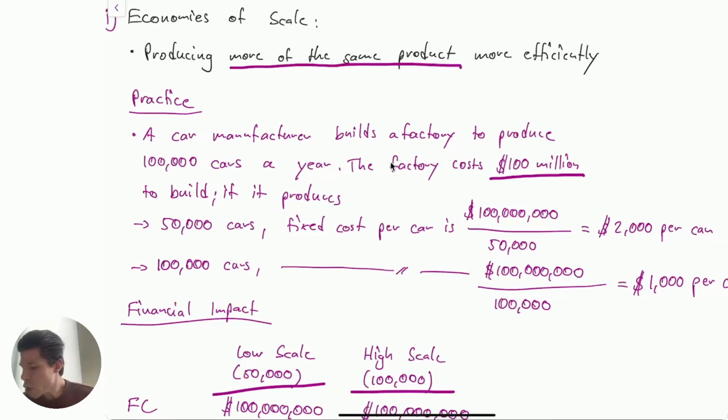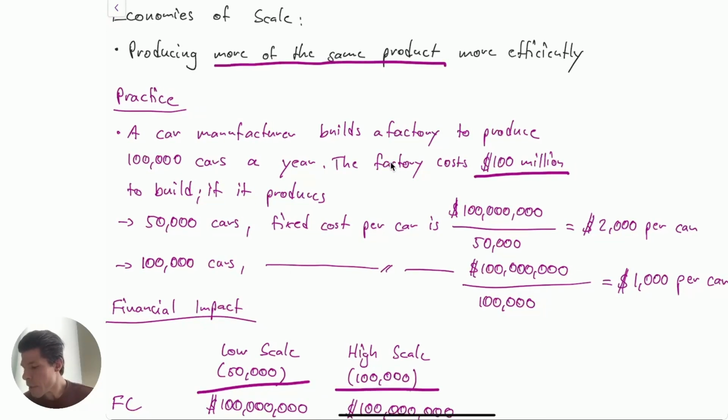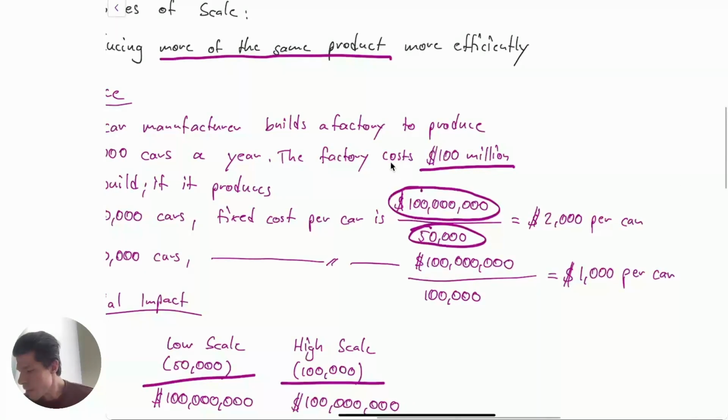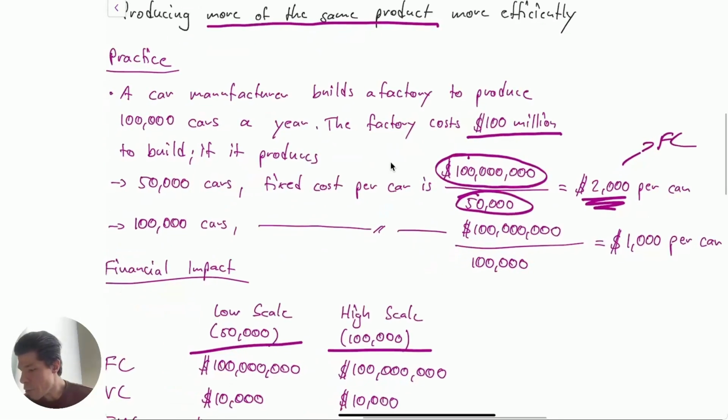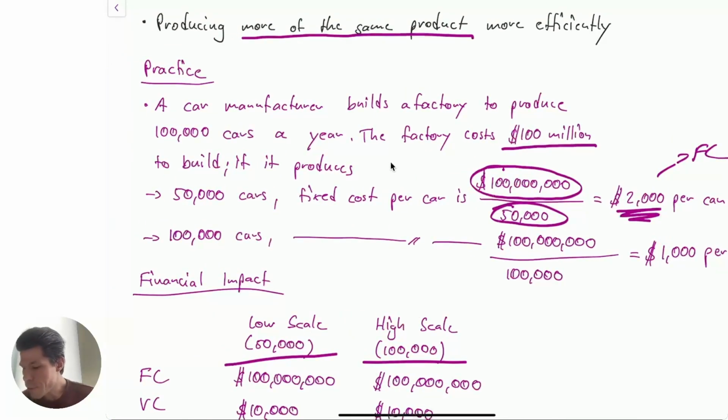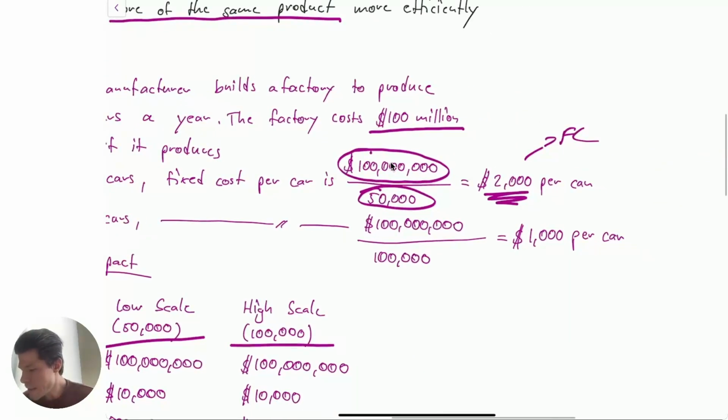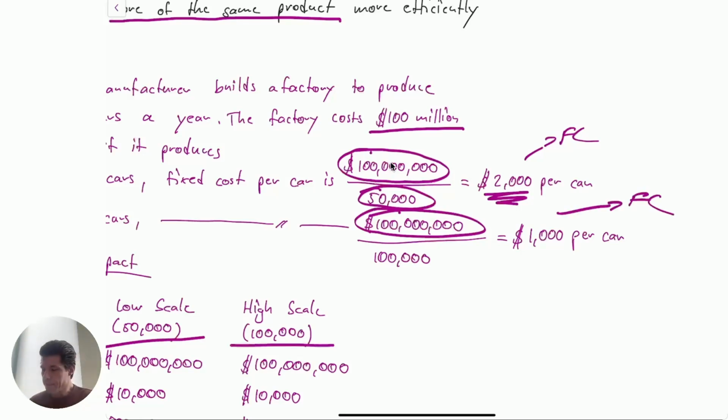If you look at the fixed costs per car because of the factory, if you produce 50,000 cars, then the fixed cost per car is the cost of the factory divided by 50k, which is 2,000 per car. This is a fixed cost component per car. If the company produces 100,000 cars, then you still have the initial factory cost, but you divide the factory cost by 100,000 cars. So your fixed cost per car has decreased.